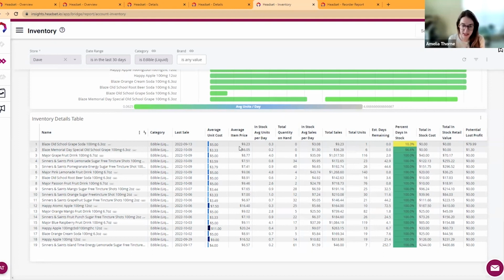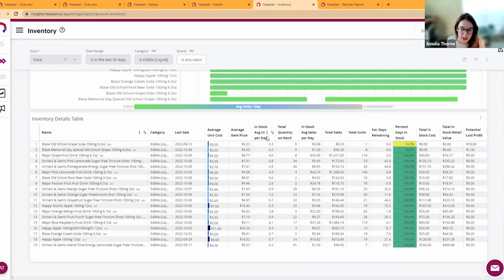Maybe that's because of the discounting that was done. Maybe because their discounting strategies weren't really working and they were actually not making as much margin or profit off of that product. So this is a great table to identify any discrepancies between the price and what they're actually selling at. That's just one thing to keep in mind for average item price here.